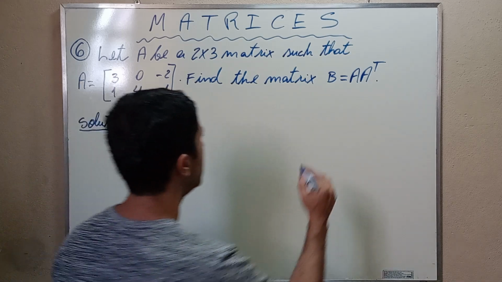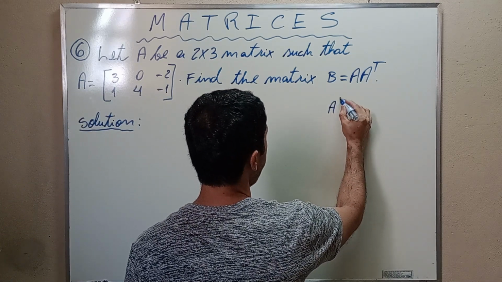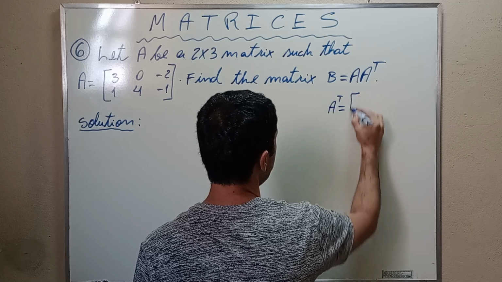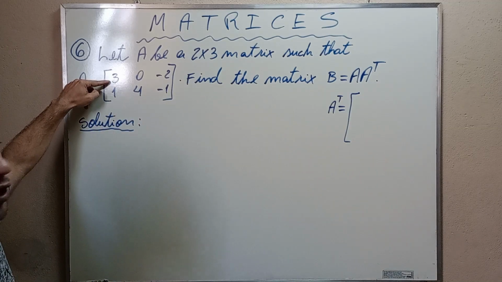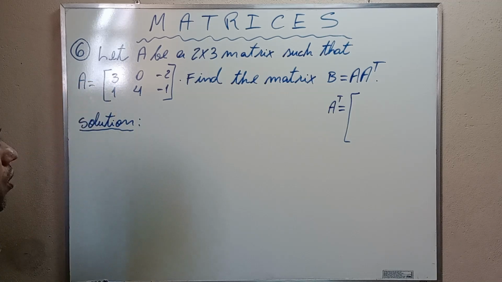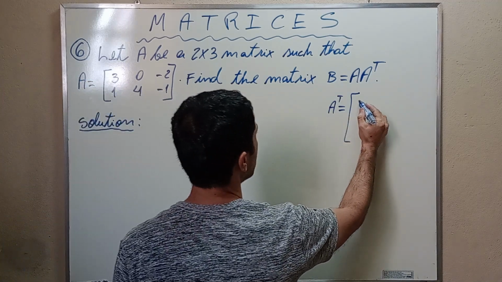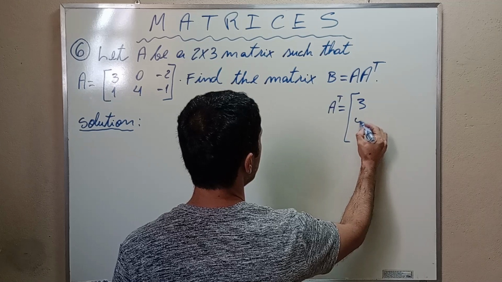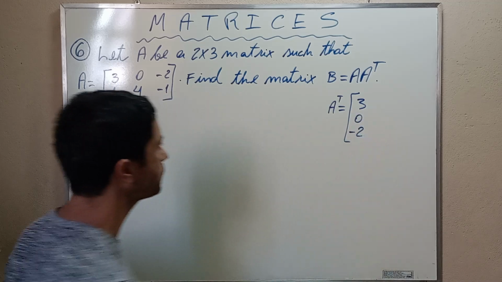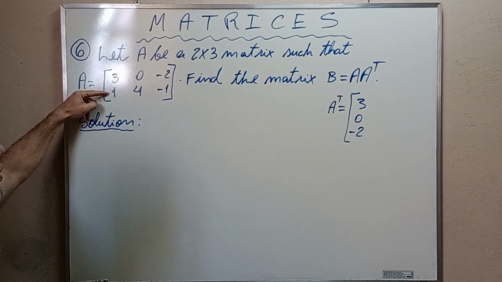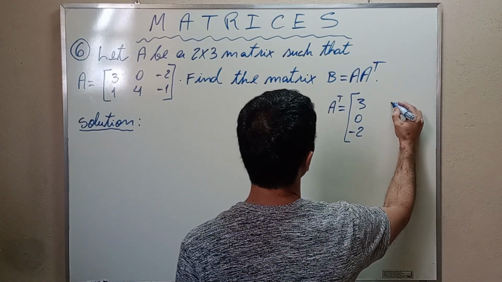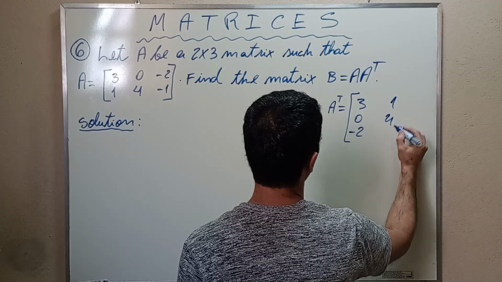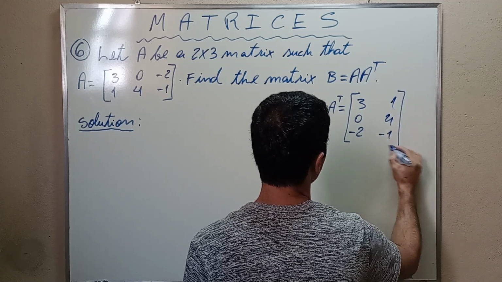The transpose of A will be equal to, we are going to convert the first row into a column, 3, 0, and -2, and the second row is going to be converted into a column, 1, 4, -1.